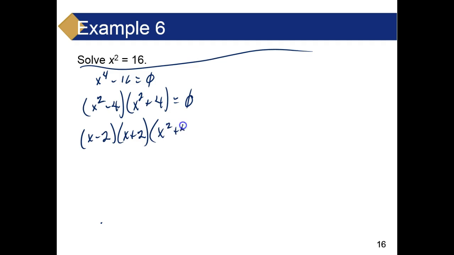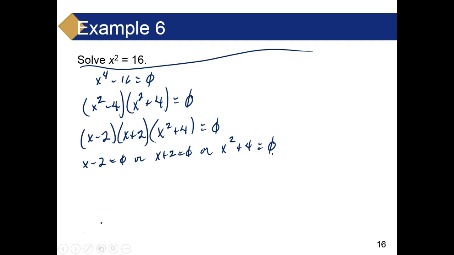x squared plus 4 equals 0. Okay? Now, what do we do? Okay, either x minus 2 equals 0, or x plus 2 is equal to 0, or x squared plus 4 is equal to 0.